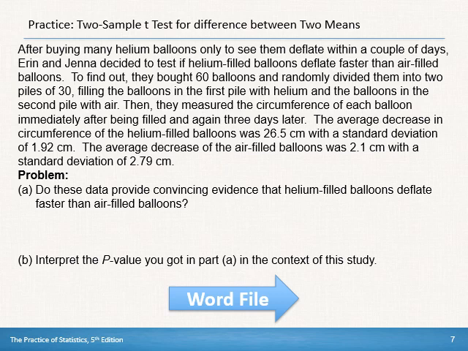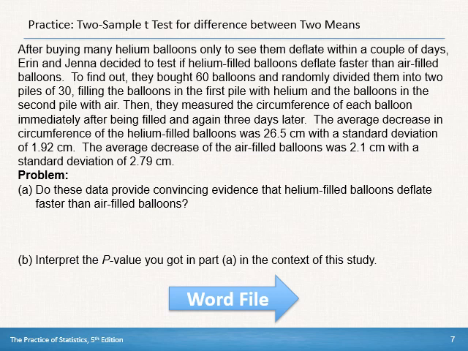All right, so what they did is they looked at the average decrease in the circumference. So a big number here means that the balloon lost volume, lost its size. The average decrease in circumference of the helium balloons was 26.5 centimeters. All right, so that's the average for our one treatment group.